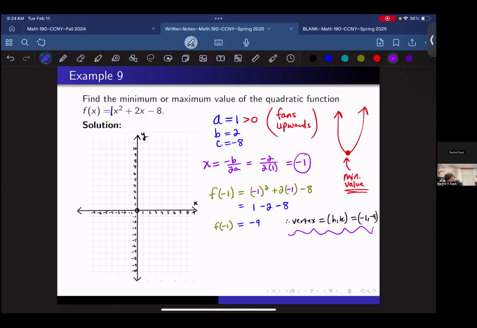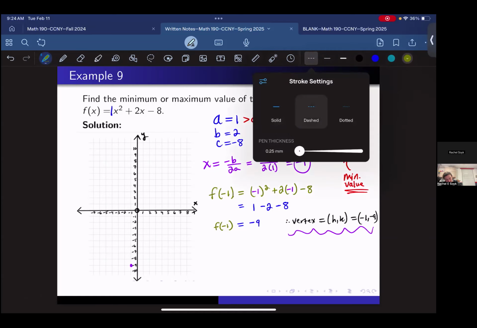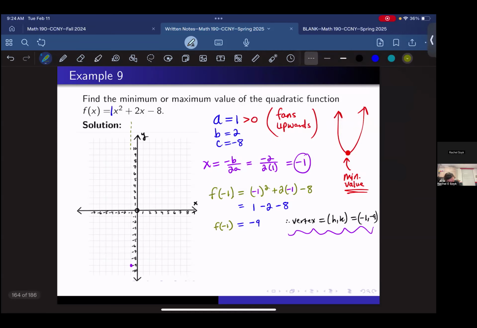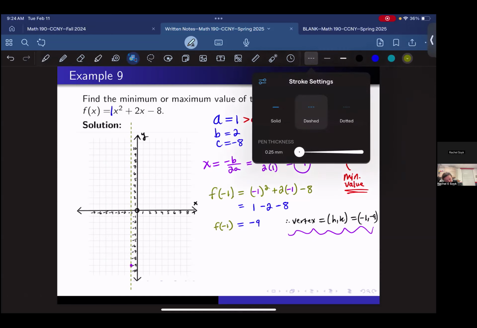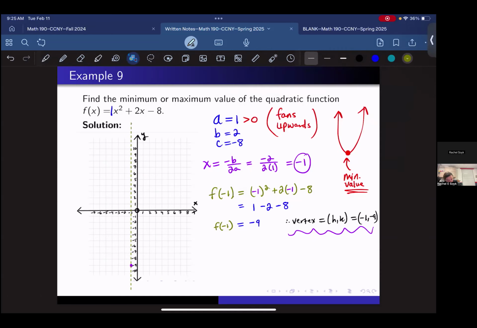Let's plot that. We wanted to go ahead and plot our vertical line for our axis of symmetry. We can go ahead and do that too. Again, you're really not asked to graph this one, but I want to be able to show you guys visually what this looks like.